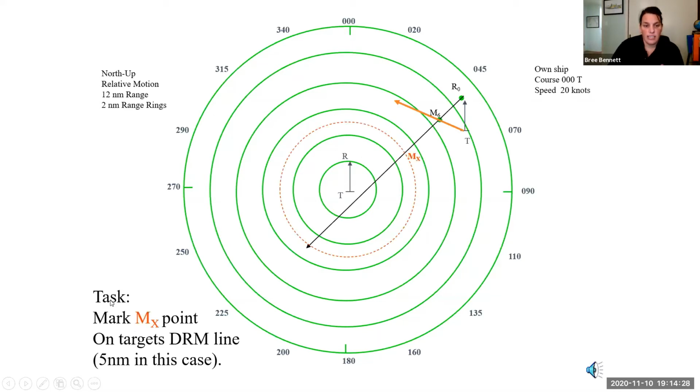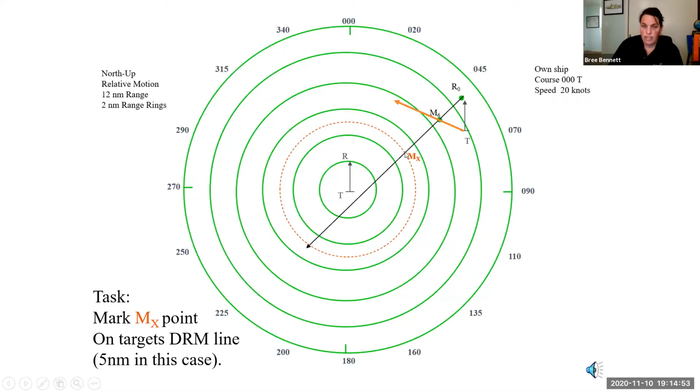So in this case, the task is to mark MX, my point of execution, at 5 nautical miles. They told us just 5 nautical miles. That is going to be my point of execution. So right here, when the guy gets to 5 miles away from me, that is when I'm going to turn.